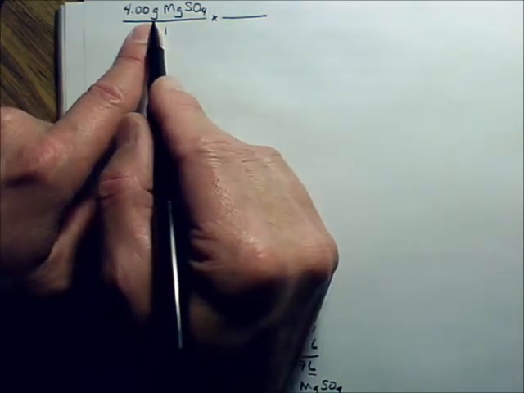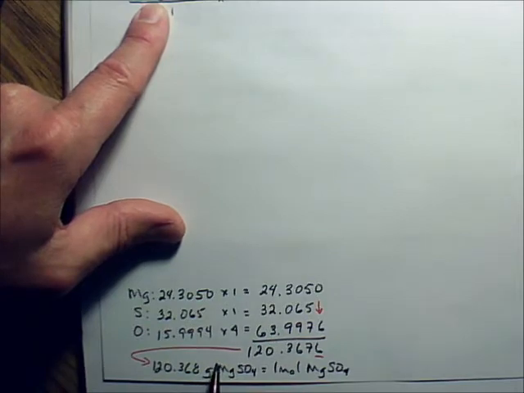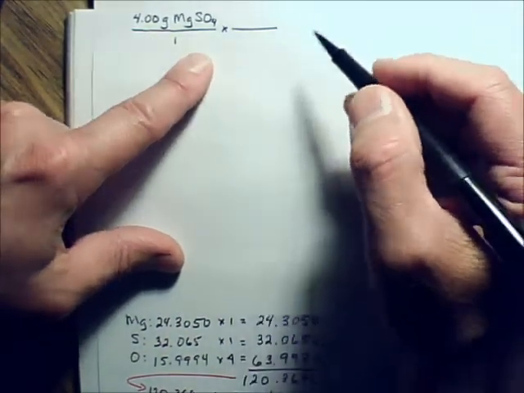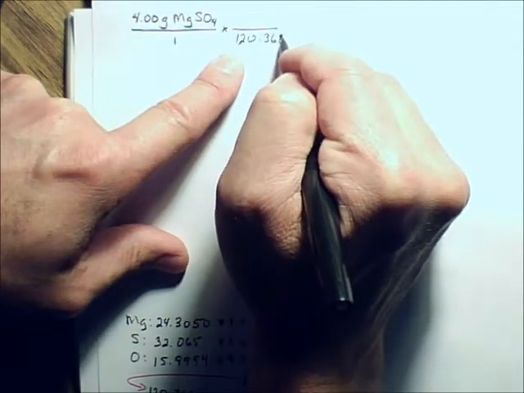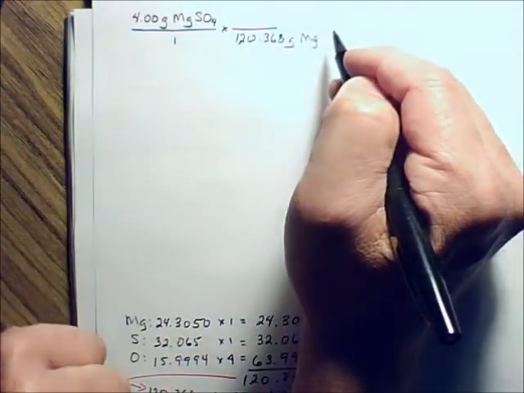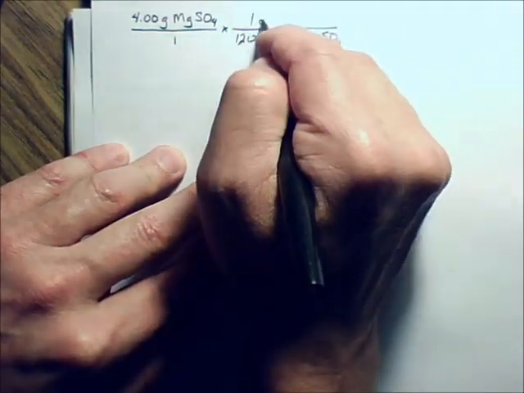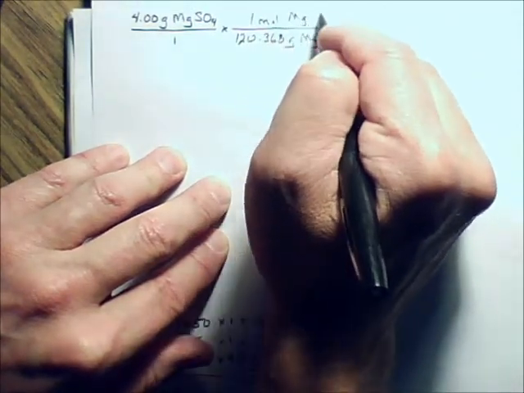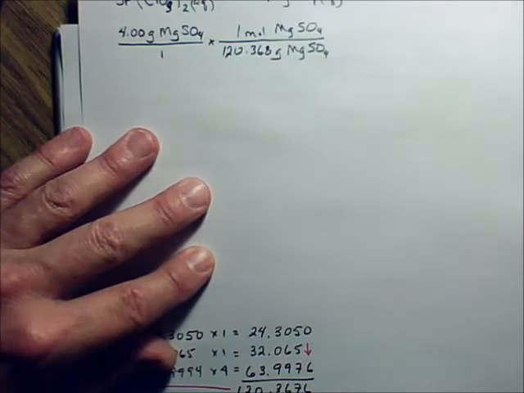The previous step had units of grams and species of magnesium sulfate, so that's the side I want to put on the bottom: 120.368 grams magnesium sulfate. 1 mole magnesium sulfate goes on the top, because that's the other side of the equality statement.